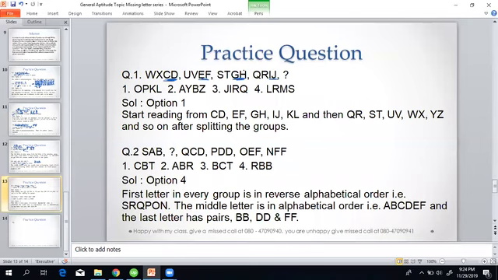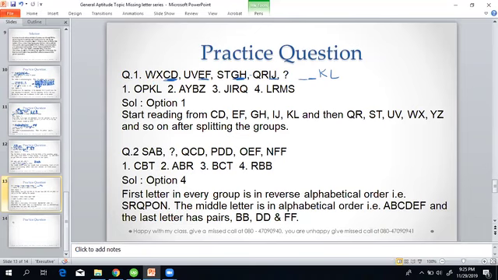The last 2 letters are following CD, EF, GH, IJ, so the next should be KL. Now KL is in only one option, so we can directly choose the first option as the answer, because KL is only in the first option.